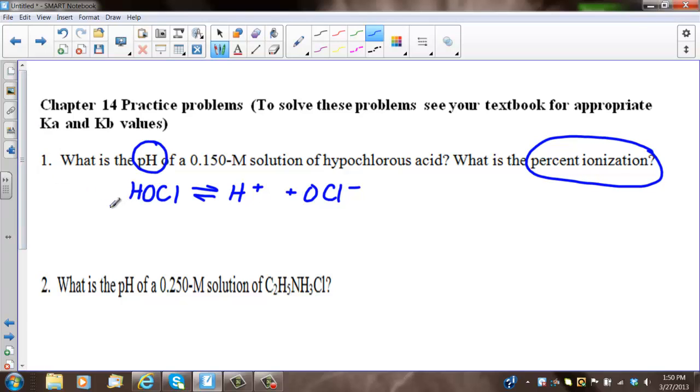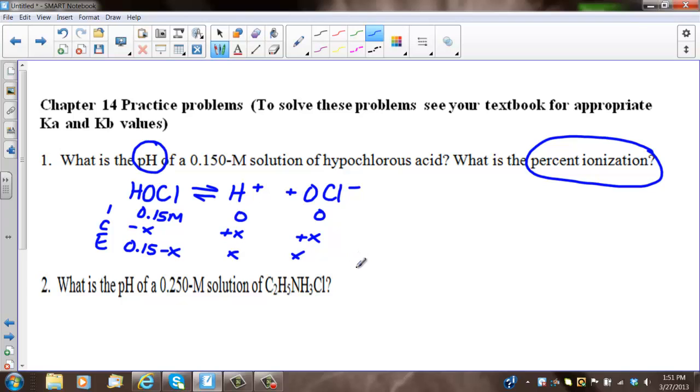So in our ICE table, we know that we're starting with a 0.15 molar solution, and we have an initial concentration of 0. Our change is going to be minus x, plus x, plus x, giving 0.15 minus x, and x and x.